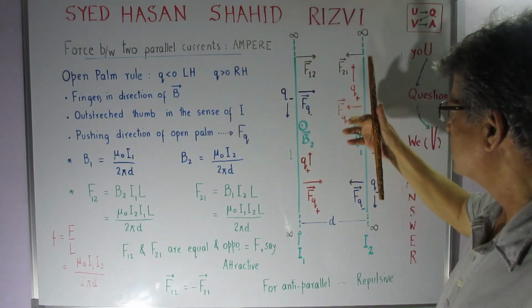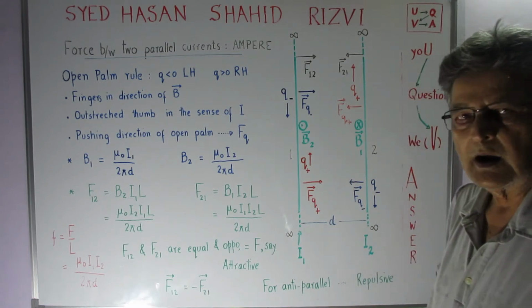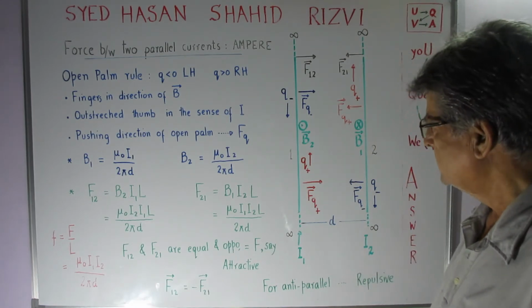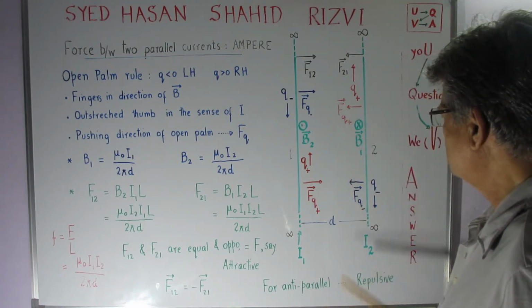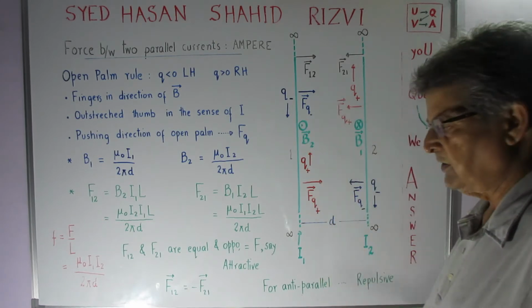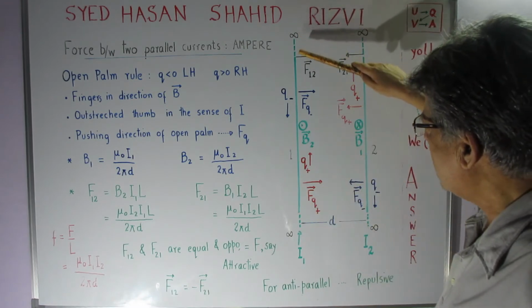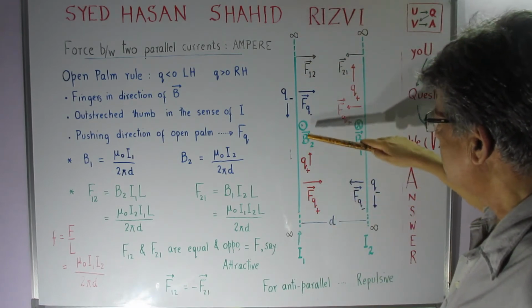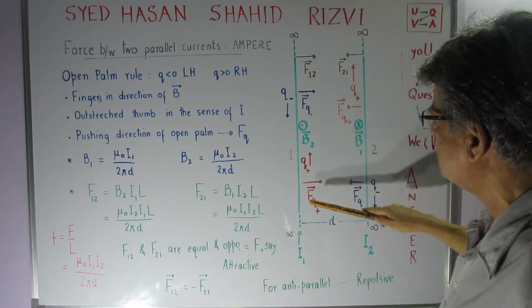And of course, on this side, they will be into the board. So this B2 is the magnetic field due to this current at a distance d away from it. All over this wire, the magnetic field is the same, B2.